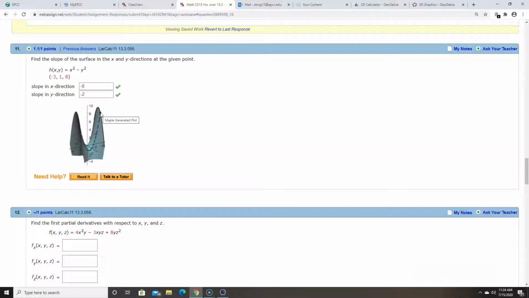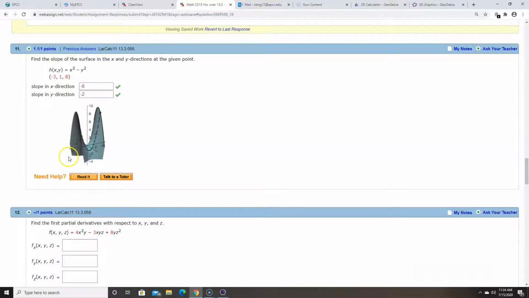So x is, and it's kind of hard to see, they didn't label these that well, but this is the x-axis and this is the, well, I'm not sure, to be honest.